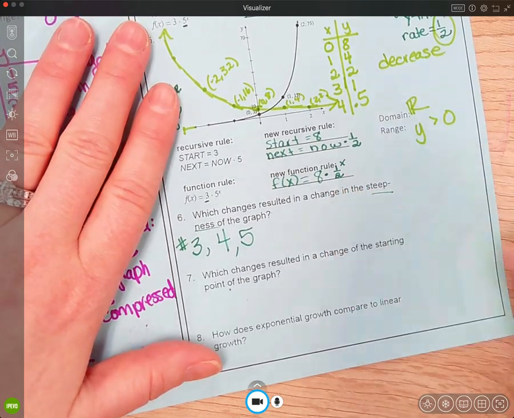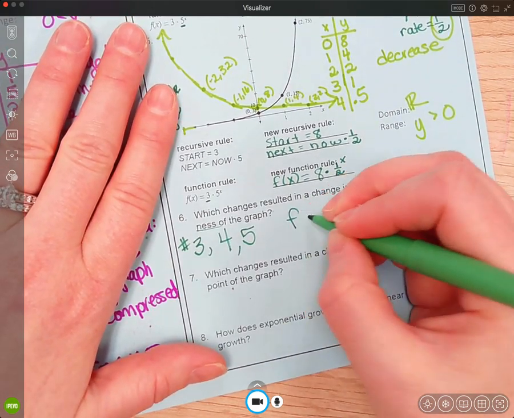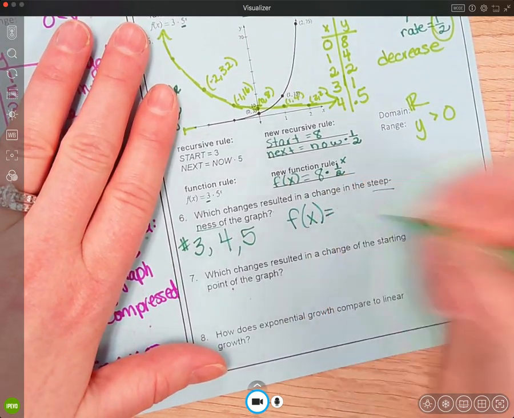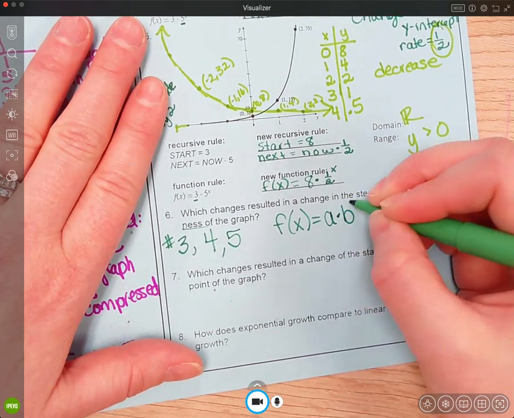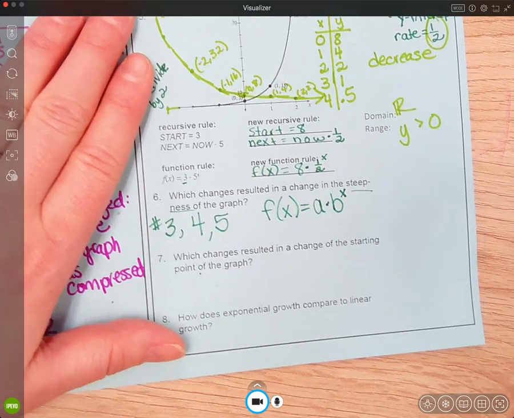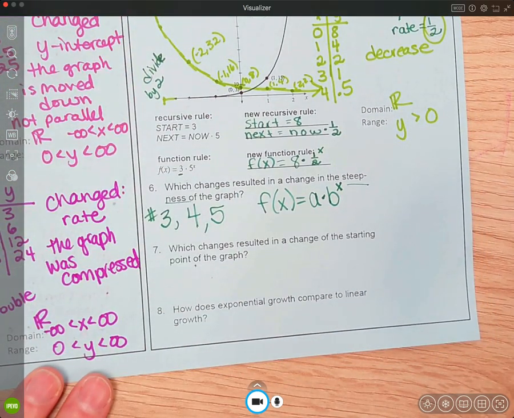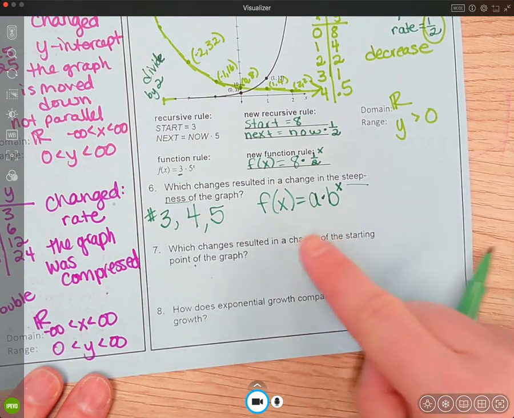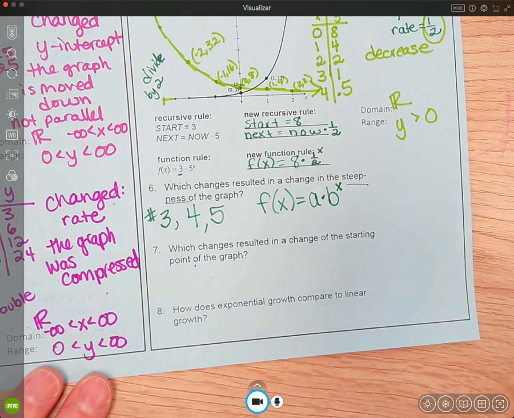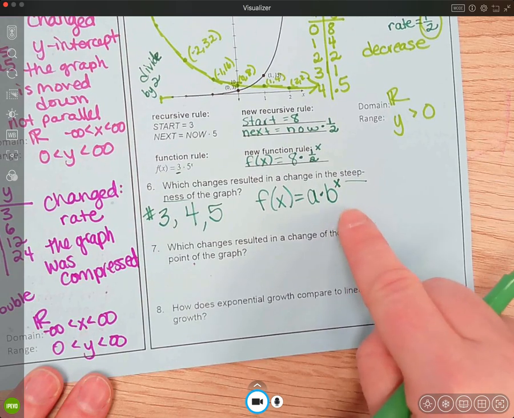So if I were to make a conclusion about a function, f of x equals a times b to the x, that's the general form. What value, A or B, changes the steepness? B. What is B called?